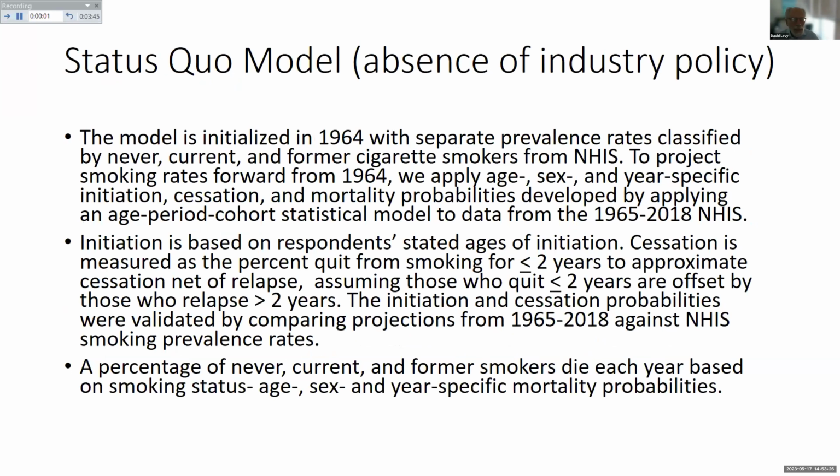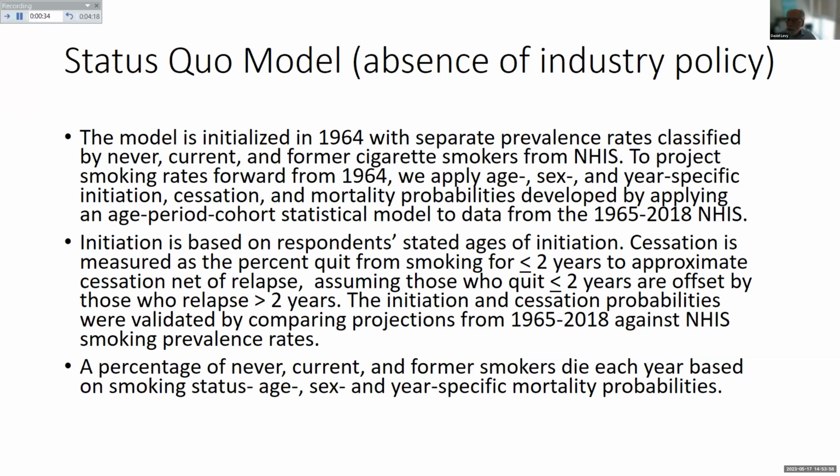Okay, so getting to the modeling. The modeling is initialized in 1964, and we initialize it in that year because of data provided from CISNET, our CISNET lung group, on separate prevalence rates, initiation rates, and so on, that enable us to distinguish trends in never, current and former cigarette smokers.